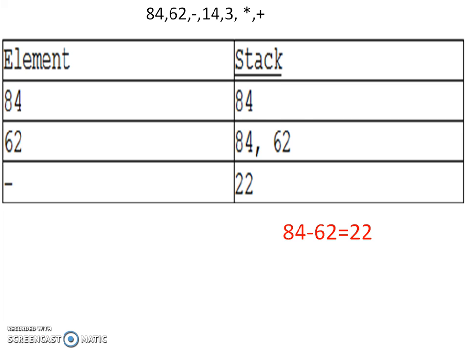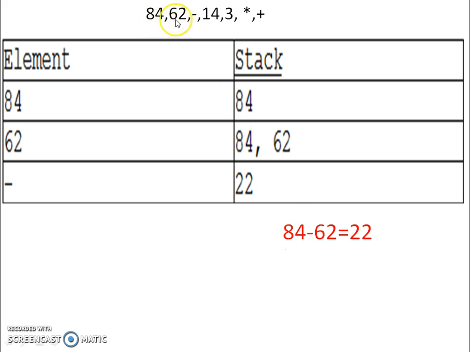So in case of a binary operator, you have to pop out two operands. But you have to remember one thing: the sequence of calculation should be the same as it was in the question.